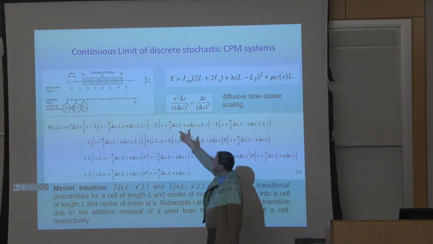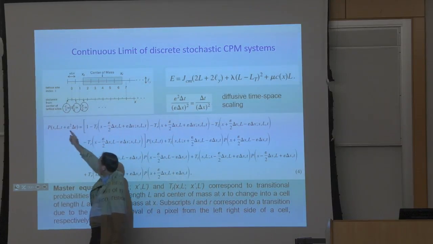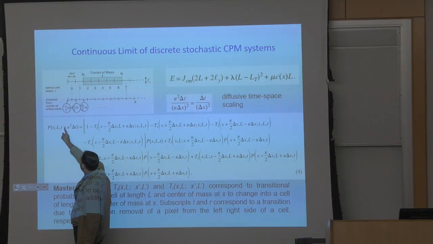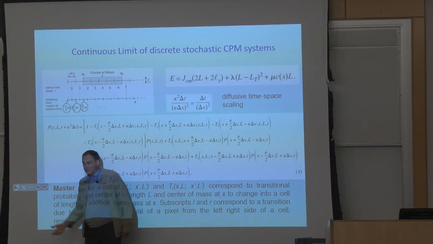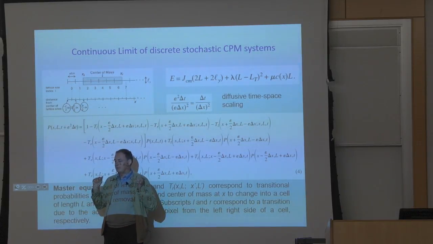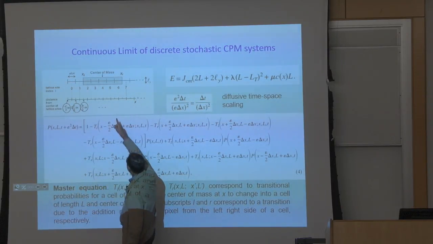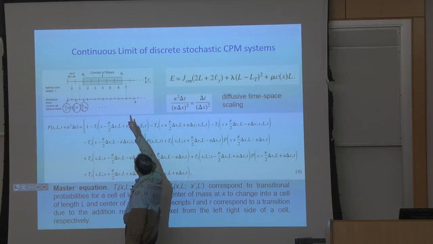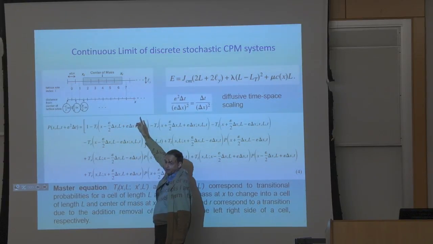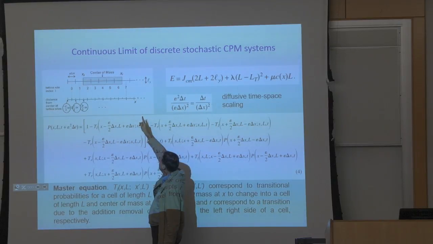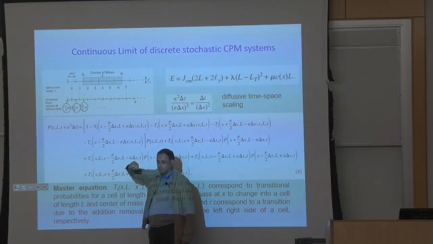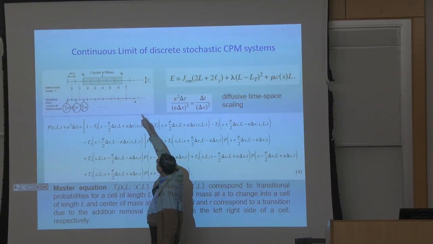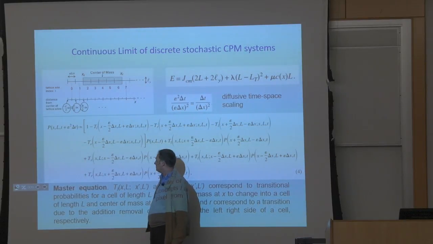So how do we get a cell with this center of mass and this length at the next moment in time? Well, let's look back and see what might have happened. We might have had a cell which was slightly longer on one side, and then this node flipped into 0, like being a part of the substrate. That's one outcome.